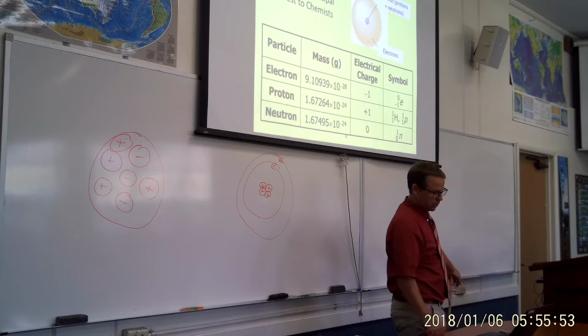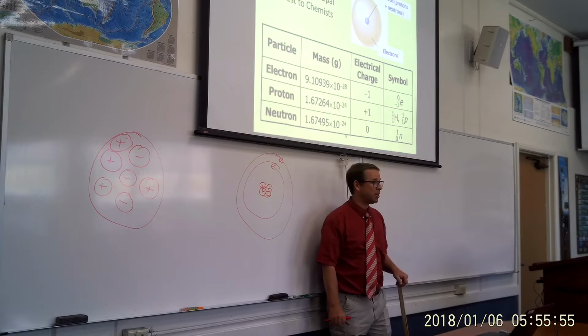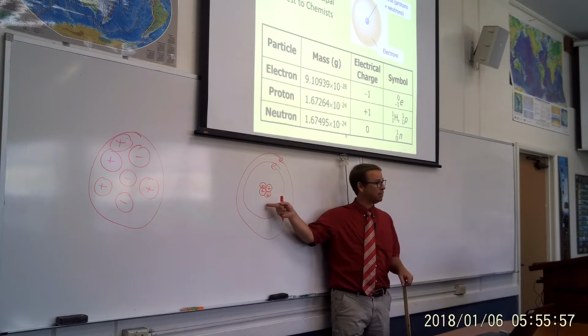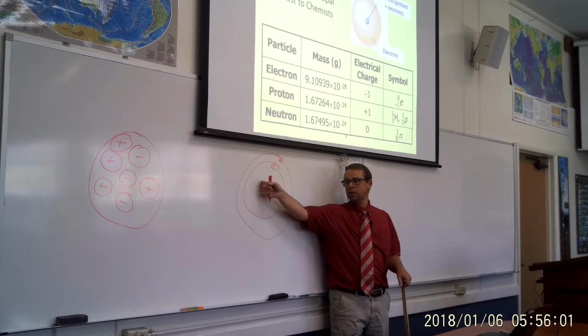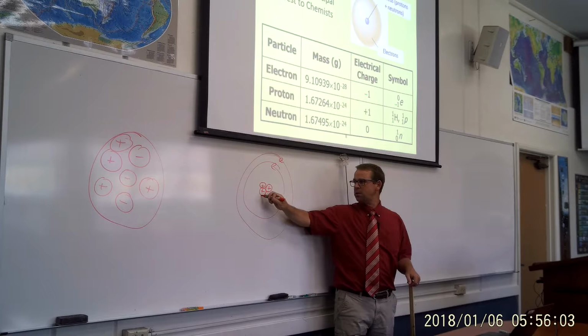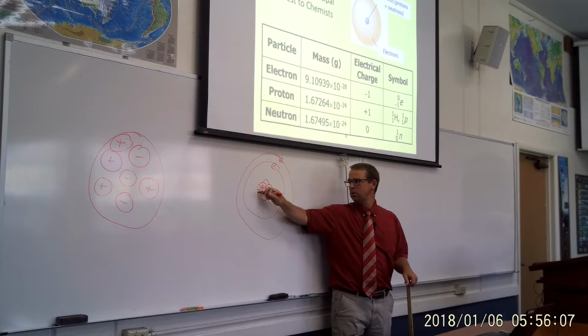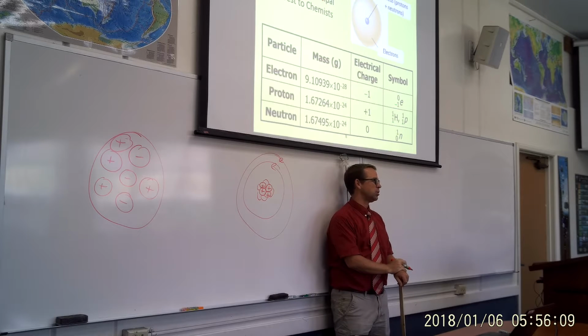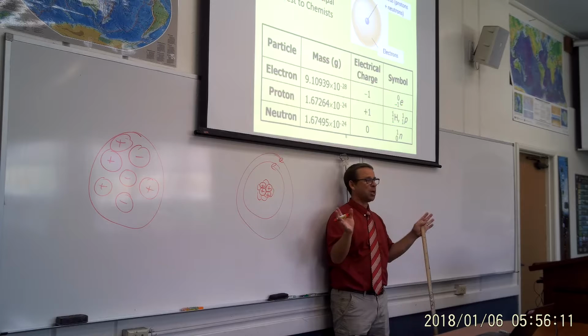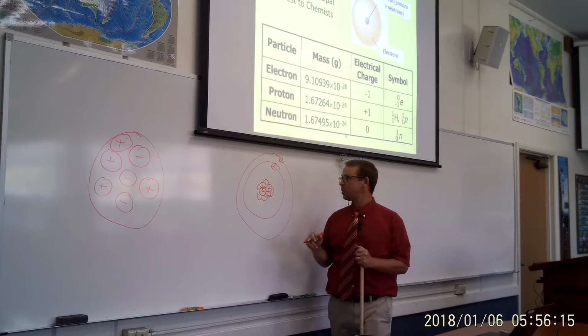So, later on, they discovered that there was more mass in the nucleus than just positively charged things. And what was the other stuff in the nucleus that didn't have a positive charge? Neutrons, right? And we talked about this like day one. You guys know generally the subatomic particles.